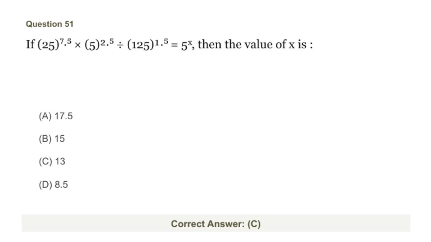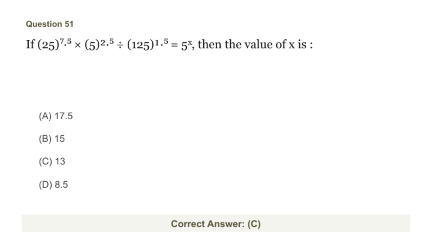And for 5 to the 2.5, it's already in the base we want, so it stays as 5 to the 2.5. Next, applying the laws of exponents, when multiplying powers with the same base, we add the exponents. When dividing, we subtract the exponents. So, putting it all together, the numerator's exponents add up: 15 plus 2.5, which is 17.5, and the denominator's exponent is 4.5.